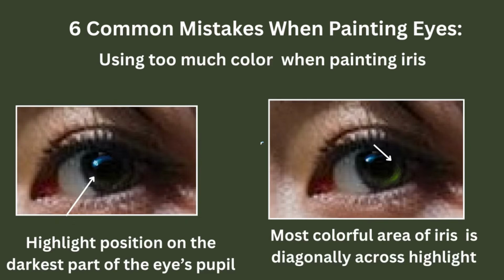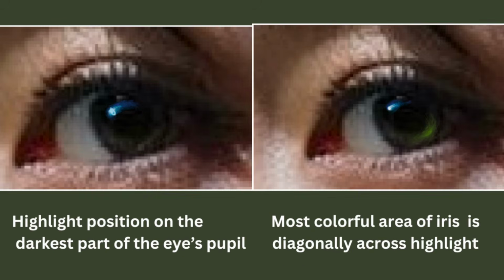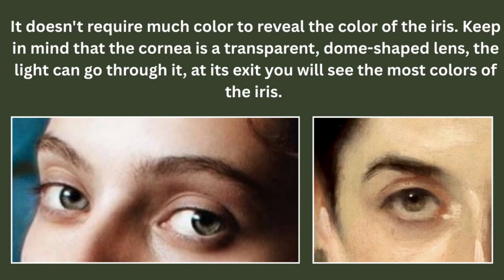Number 6, too much color in the iris. Using overly saturated color in the iris can make the eyes look unnatural and push them out of their placement, since strong color moves forward. Instead, identify where the highlight will fall. This is where the light enters the eye through the transparent lens called the cornea.